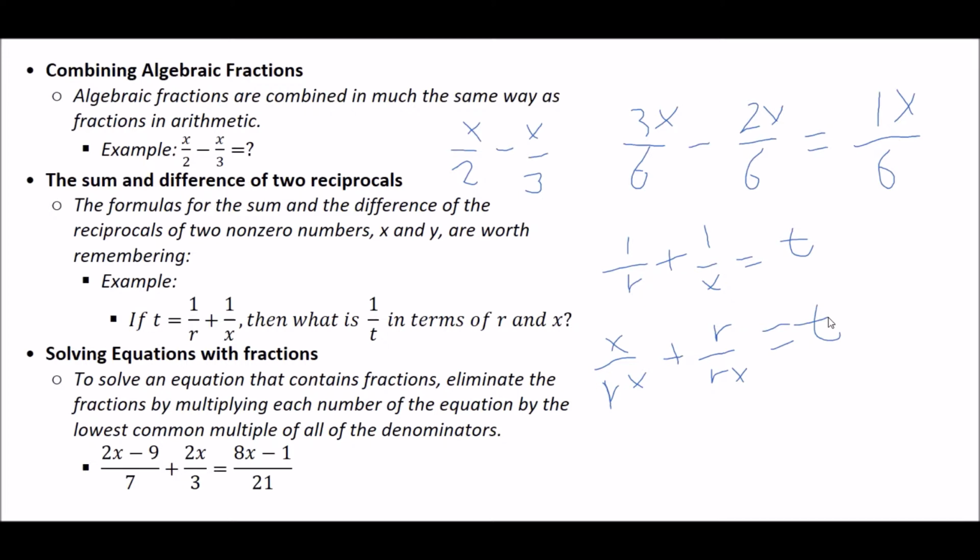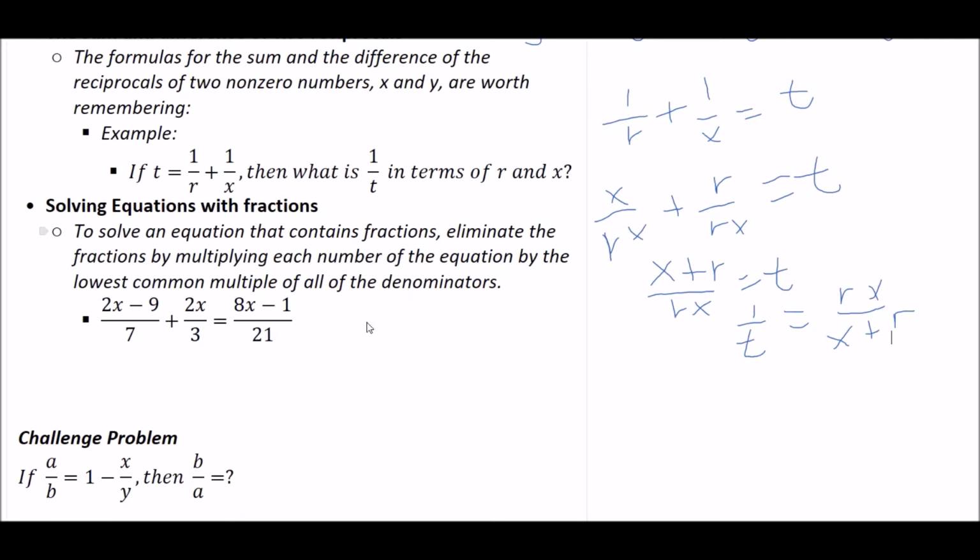Now we just add them together. So x plus r over rx is equal to t. But we want to know what 1 over t is, so basically take the reciprocal of it. So 1 over t must be equal to rx over x plus r. And that is our answer.